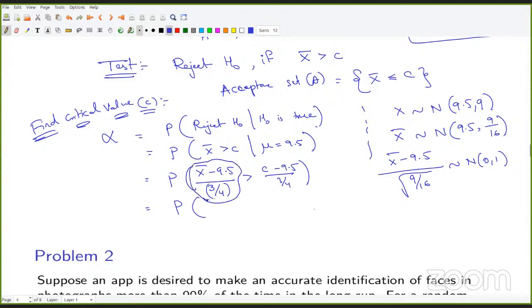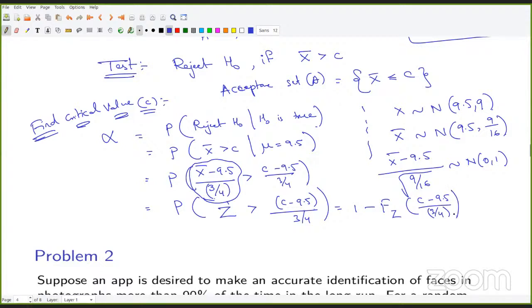So this is Z greater than 4 times C minus 9.5 divided by 3. Or else let's keep it 3 by 4. So now what is this? This will be equal to 1 minus F_Z of C minus 9.5 divided by 3 by 4.